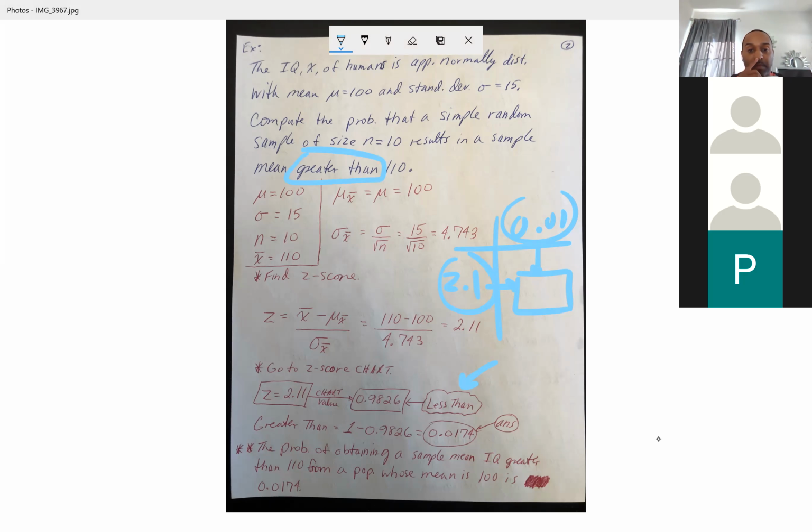You subtracted 1 from 0.9826? Yes. So if you want greater than, you always have to subtract the chart value from 1. And so the probability of obtaining a sample mean IQ greater than 110 from the population whose mean is 100, got all those numbers from the problem, our answer is 0.0174.